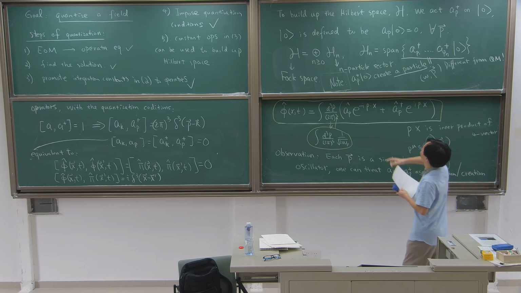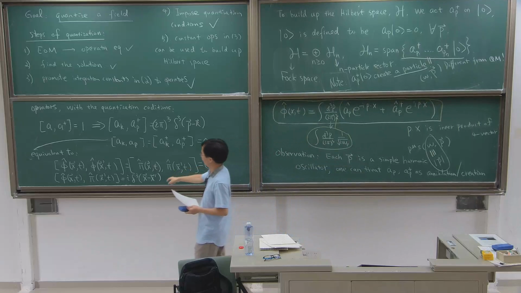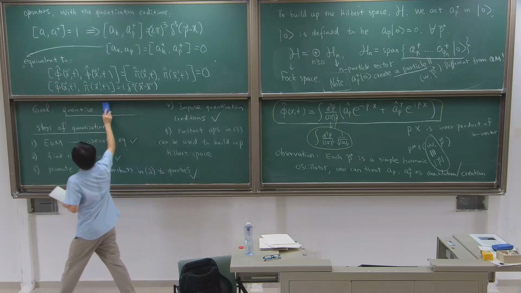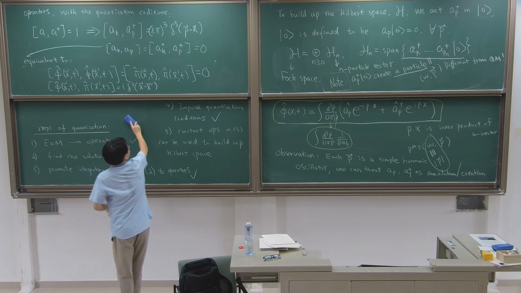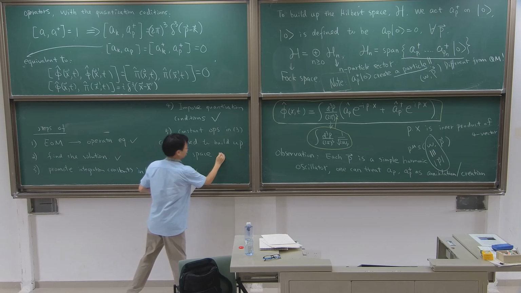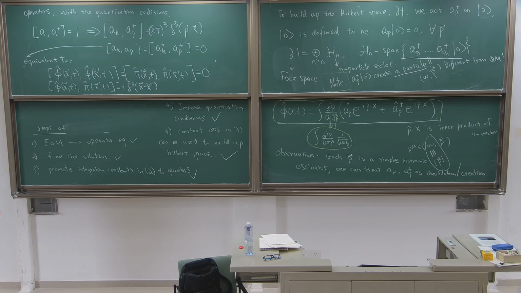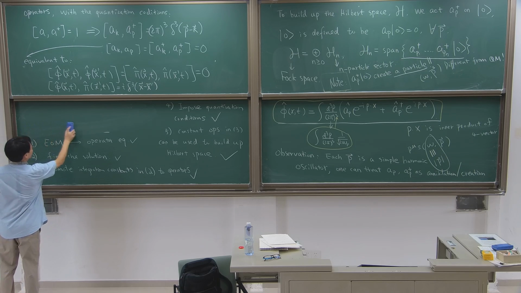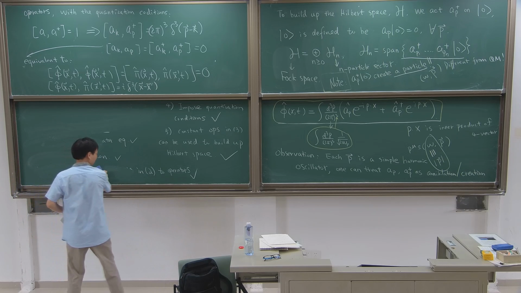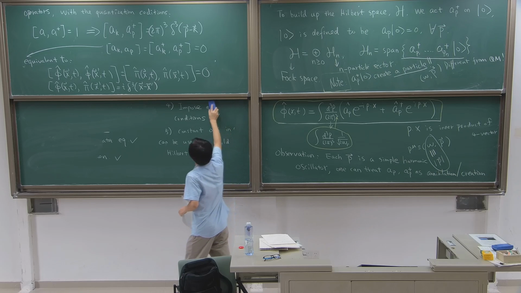For example, you can just plug this in to check the commutator. Now we finished this. We implemented all these different steps, so we basically finished the procedure of how to quantize a free field.